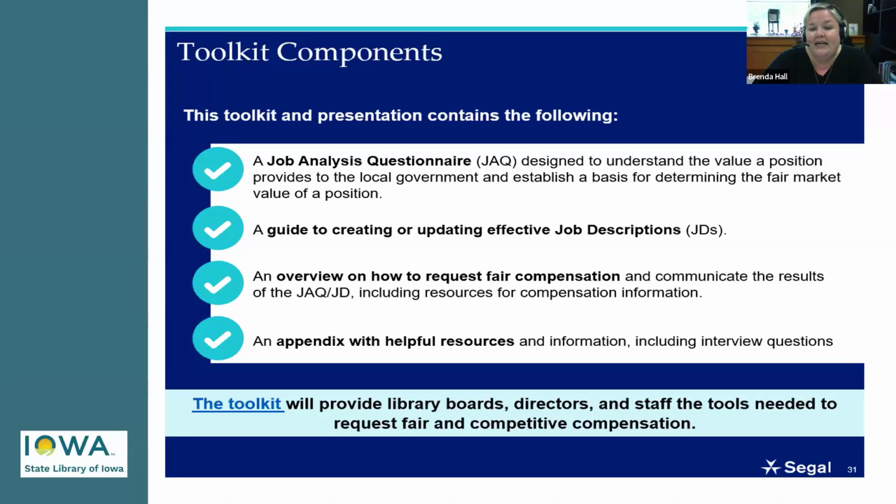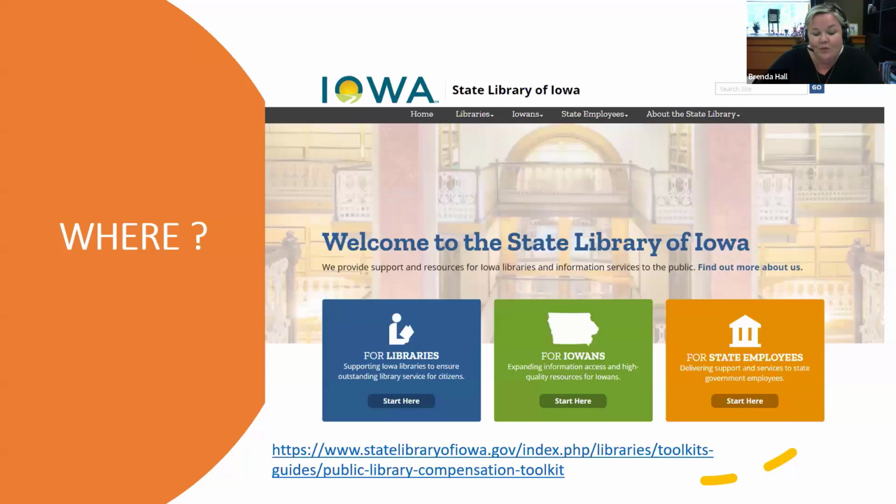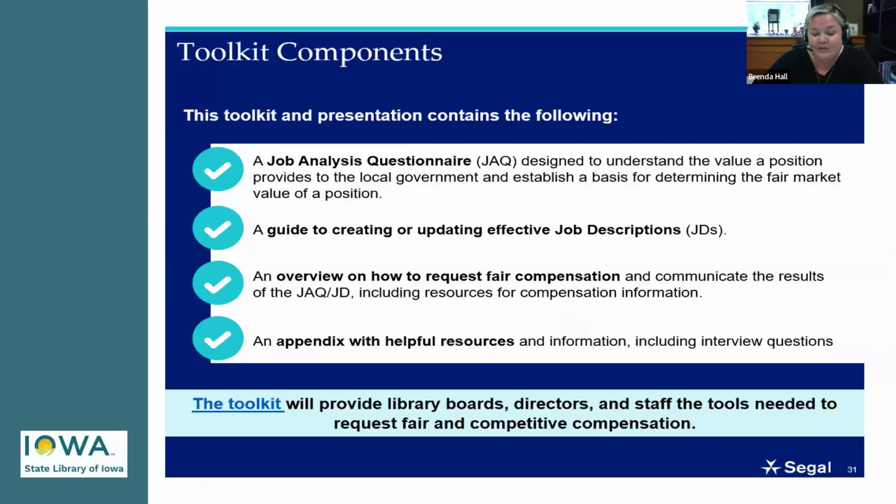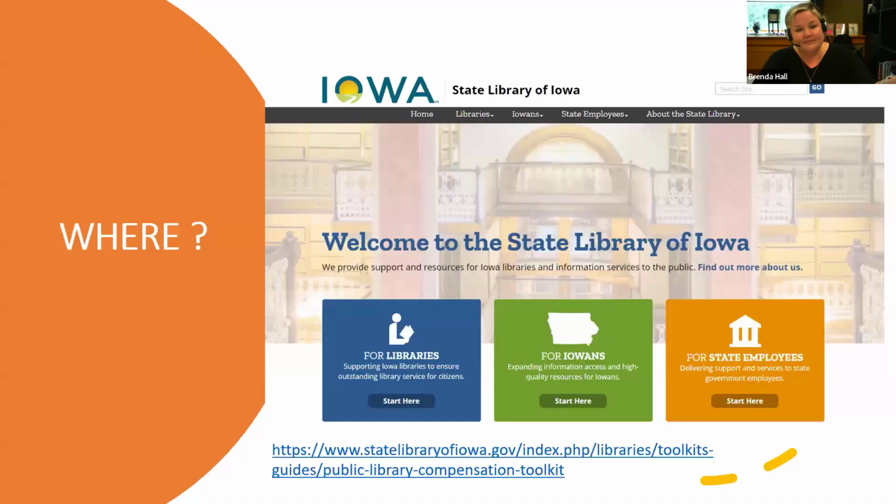There is also a guide to creating and updating effective job descriptions, an overview of how to request compensation, and an appendix with helpful resources. So what the toolkit is intended to do is provide library boards, directors, and staff the tools needed to request that competitive pay.